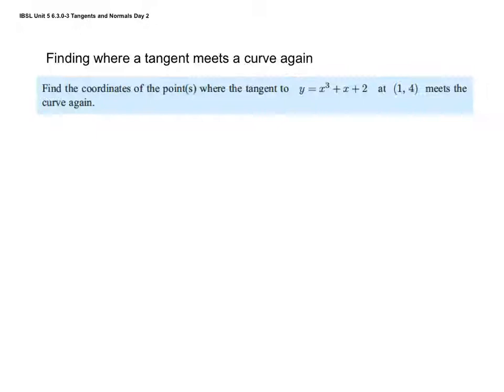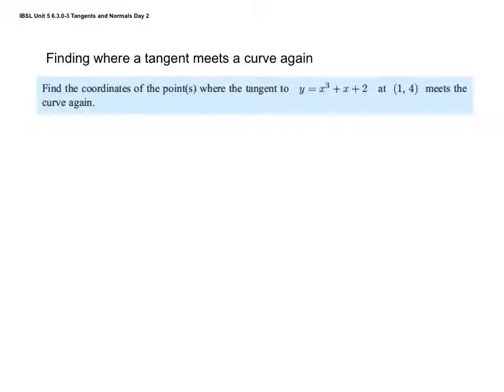a number of times when you have a tangent line, we say that a tangent is the line that hits the graph at only one point. But in those cases, we're talking about in that general vicinity.